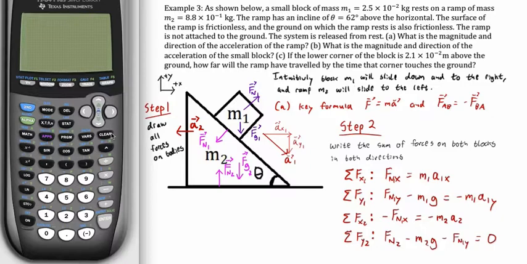So what does it look like? For part A, we're asked to solve for the magnitude and direction of the acceleration of the ramp. So we're trying to solve for A2.